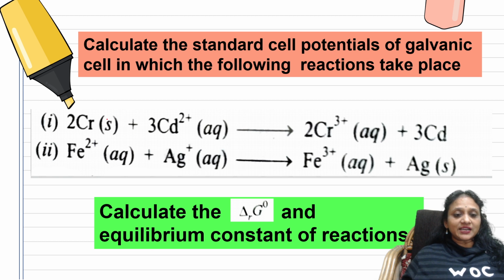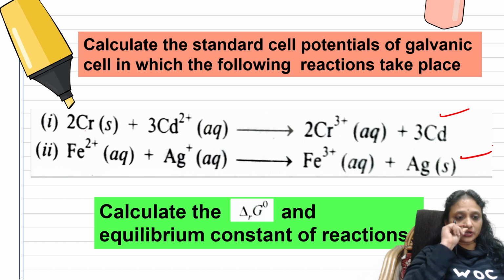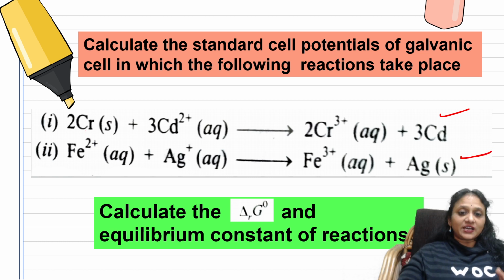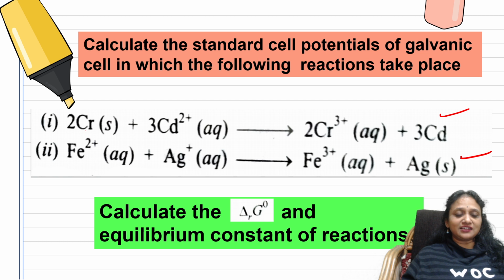So there is one reaction given to me between chromium and cadmium, iron and silver. Products are also given and it is a balanced stoichiometric equation. So I have to calculate two things: the standard cell potential E naught, and delta G naught also.